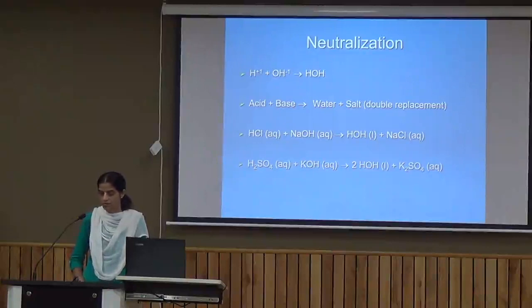So when they exchange their cations and anions, the substance formed will be sodium chloride. From HCl we have taken chlorine, and from sodium hydroxide we have taken sodium. So the substance formed is sodium chloride, and along with it water will be formed. So these are examples of neutralization, and this type of reaction is called double displacement.